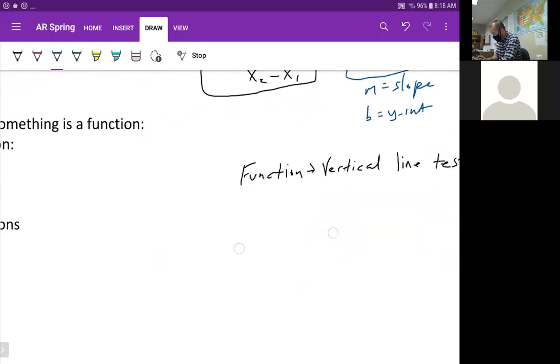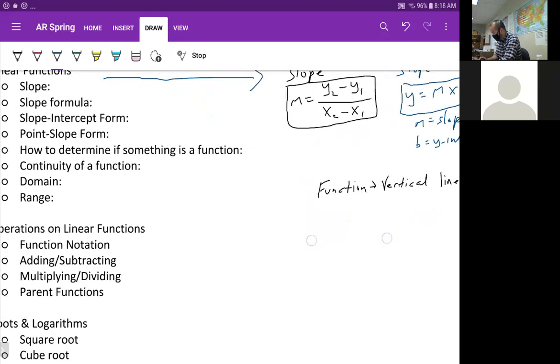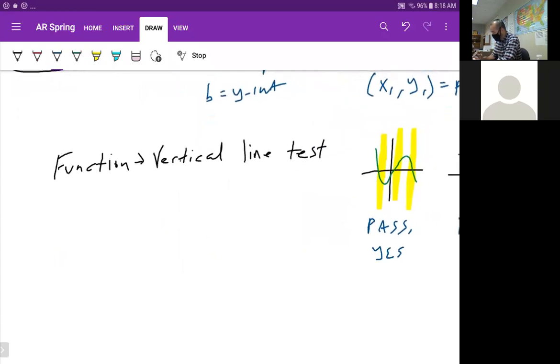Okay, so continuity, domain, and range. Let's see. So continuity, it's either continuous or discrete.